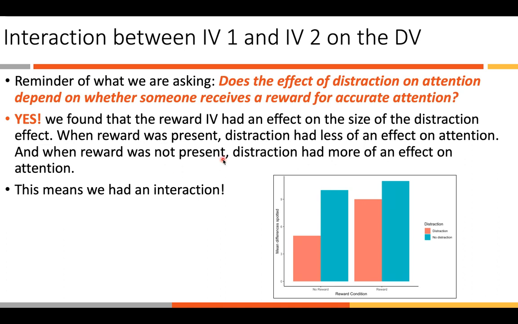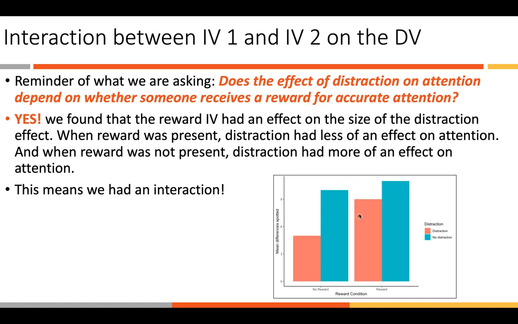So if we want to consider whether there's an interaction, we need to ask ourselves, for example here, does distraction have an equivalent effect on no reward versus reward? So basically, is the impact of distraction equal across reward, or is the impact of distraction unequal?